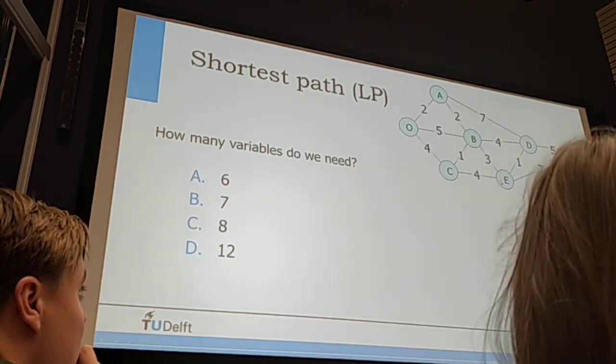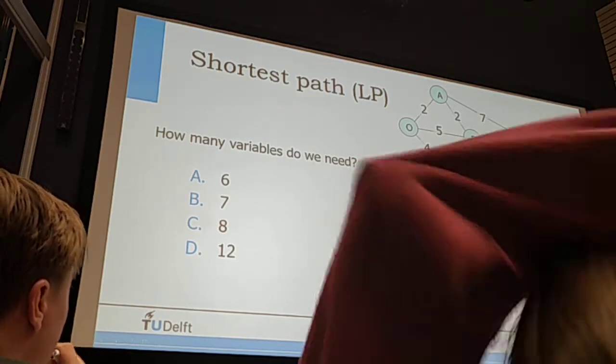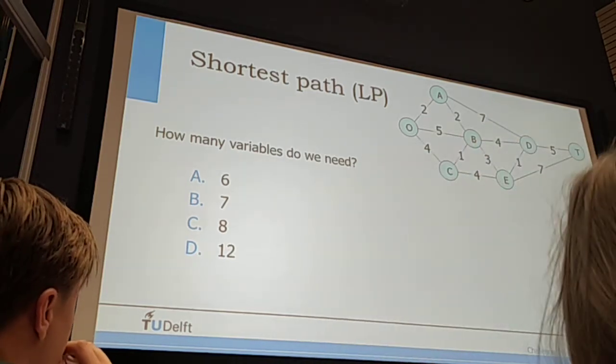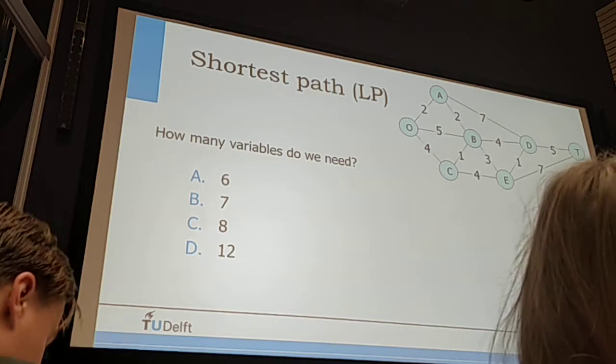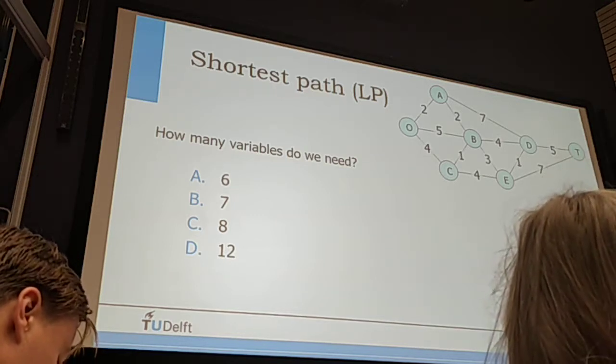Okay, good. So how many variables would we need for the LP formulation? 6, 7, 8, or 12.